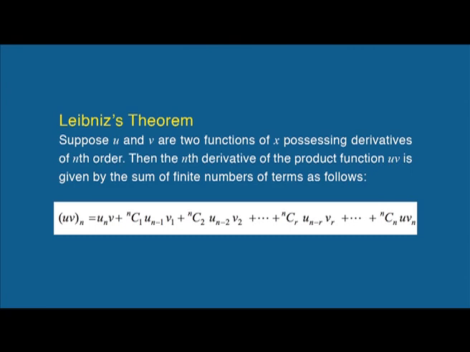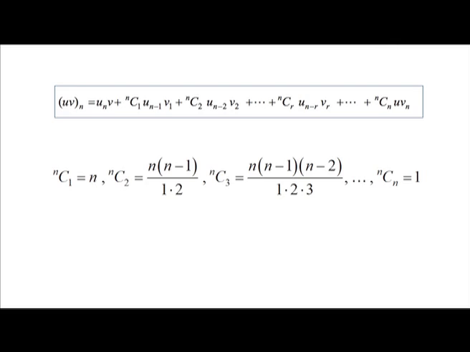Then the nth derivative of the product function uv is given by the sum of finite numbers of terms as follows: uvn equal to unv plus nc1 un minus 1 v1 plus nc2 un minus 2 v2 plus etc. plus ncr un minus r vr plus etc. plus ncn uvn.